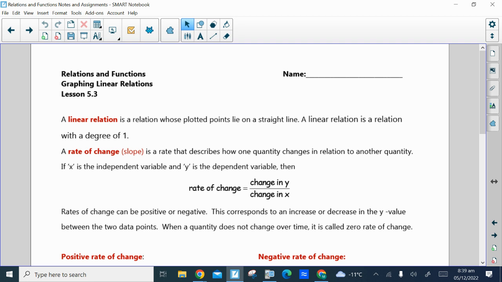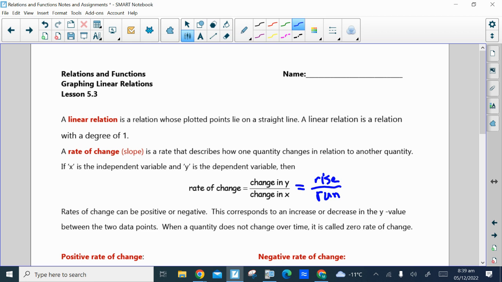So the rate of change or the slope can be found by taking the change in y over change in x. Another commonly used phrase for slope is that slope equals rise over run. The rise is how far upwards a line goes, from its very bottom point up to the top point, and that is the change in y.